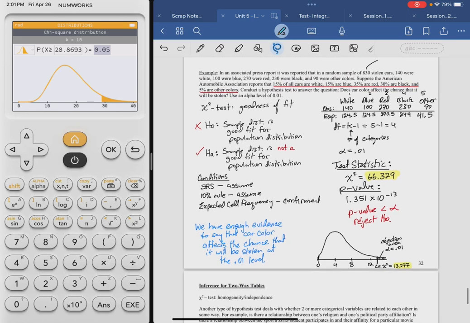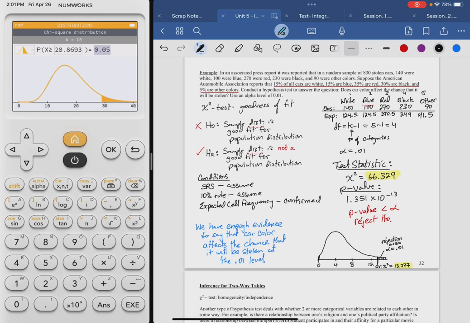So in this case, random sample, we would assume it. 10%: got to imagine that there's more than 8,300 stolen cars, but maybe not. I'll assume it anyway. And the expected cell frequency, each one of these values is more than 5, so we're good there.